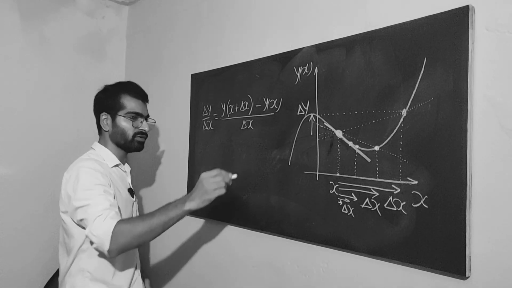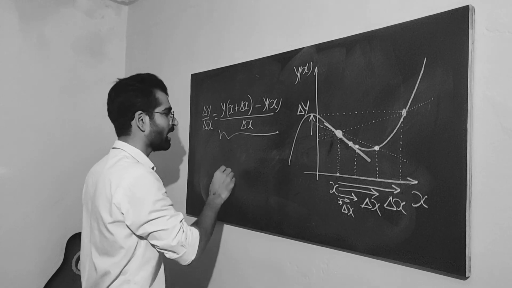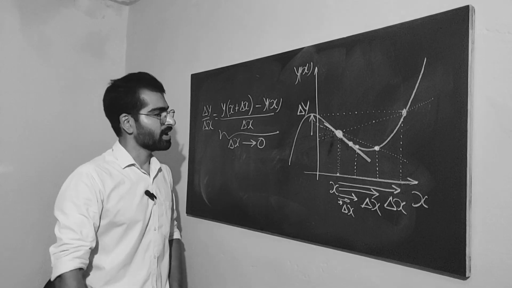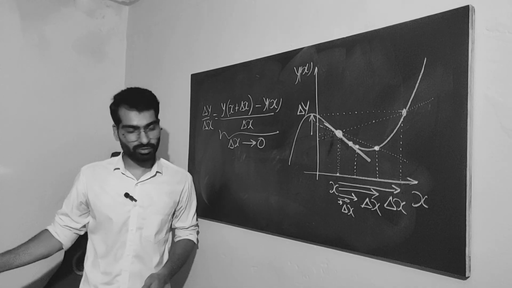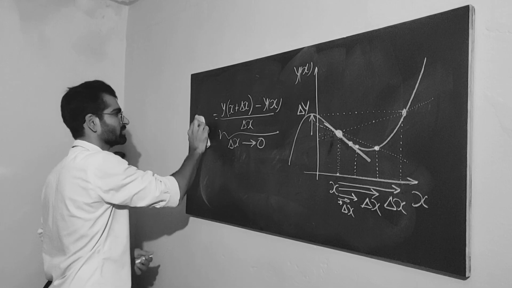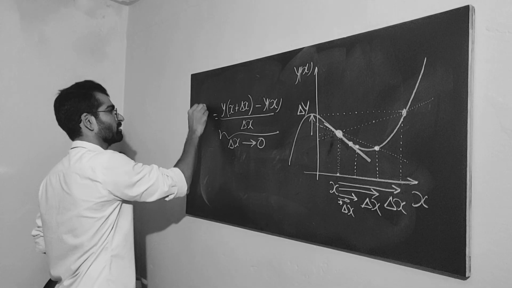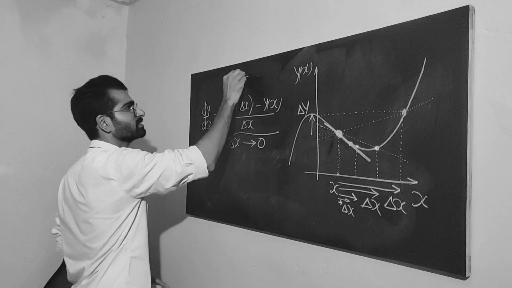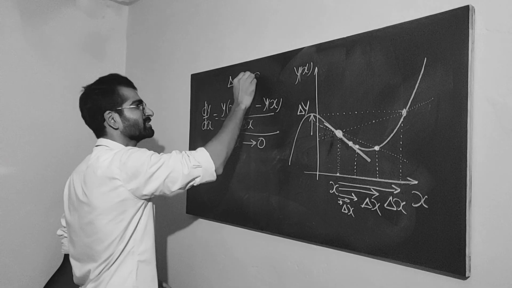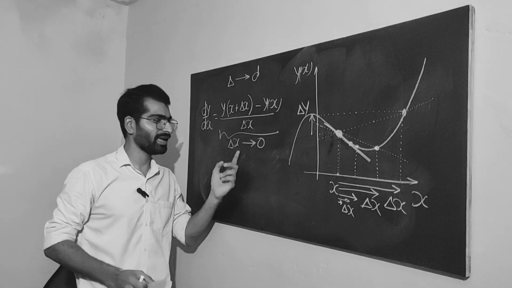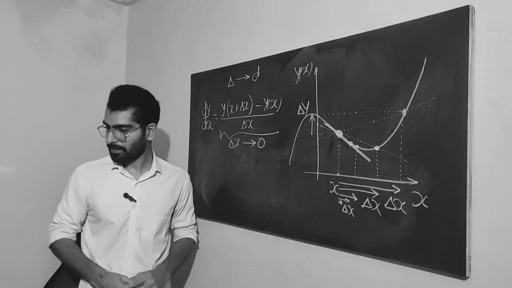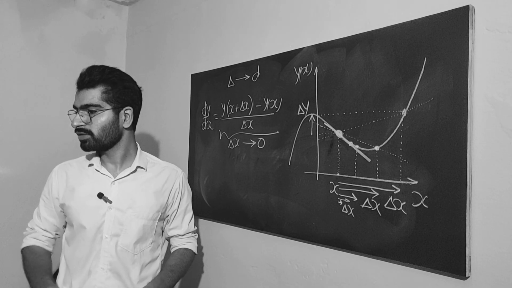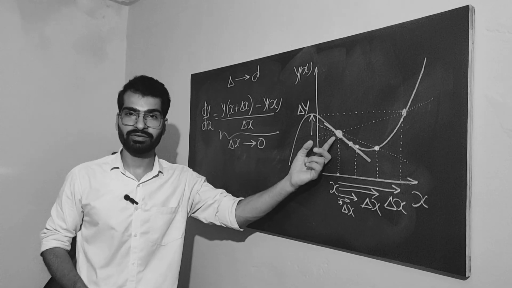And so what we've been doing mathematically is we let delta x approach 0. And then this average slope, we give it a new notation. We say dy dx. So delta changes to d as your delta x approaches 0. So this gives you your instantaneous slope at this point.